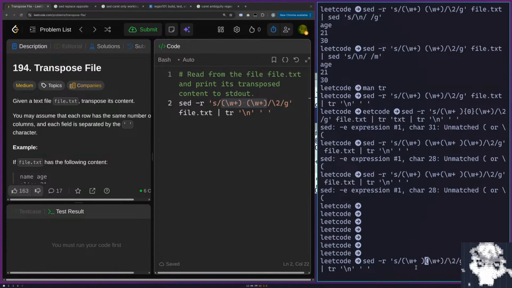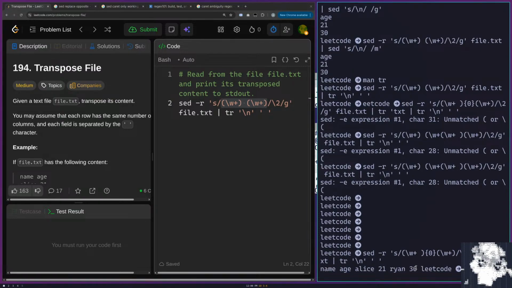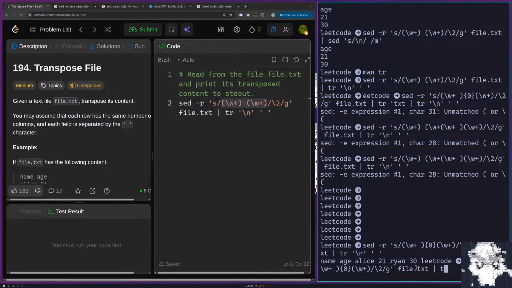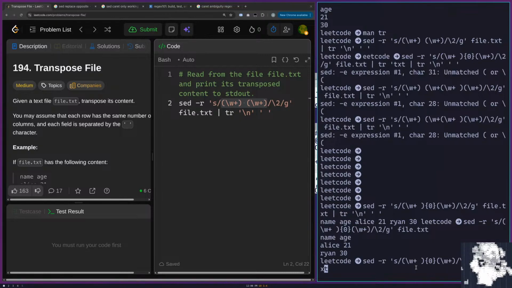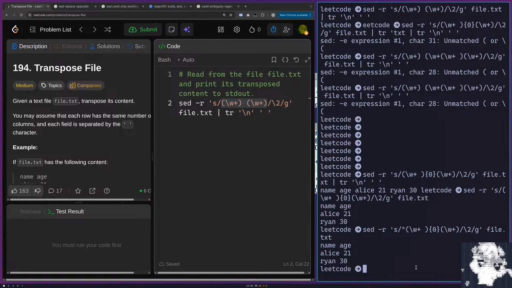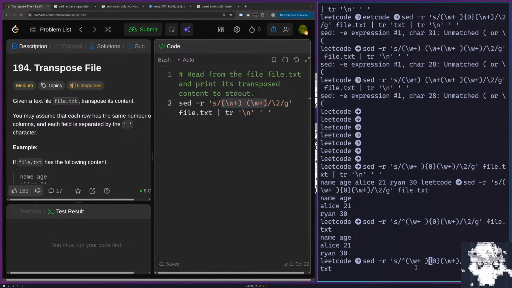So I want 0 words that come before, and then a word, and then the second group is what you should print. Name, age, Alice, Ryan. Let's get rid of the truncate for a second. And I only want the first one per line. So I want to put a caret at the front here. That didn't do anything.